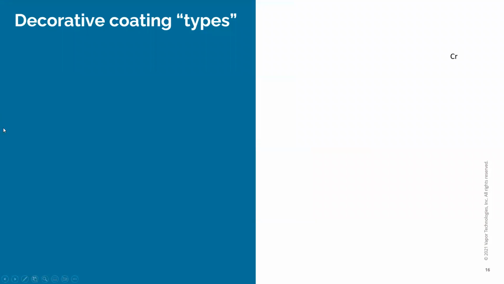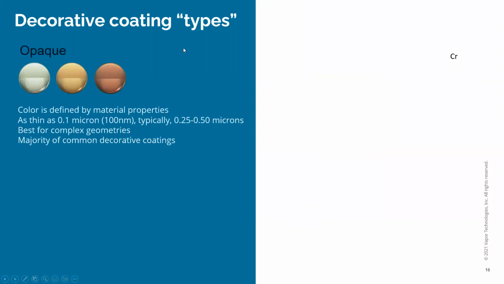In terms of these decorative coatings, what we're going to talk about here is how that coating creates that color, that appearance, right? We like to call them opaque coatings, and those are coatings in which the color is independent of the thickness of the coating that you put in there. So there are no optical tricks to create that color.